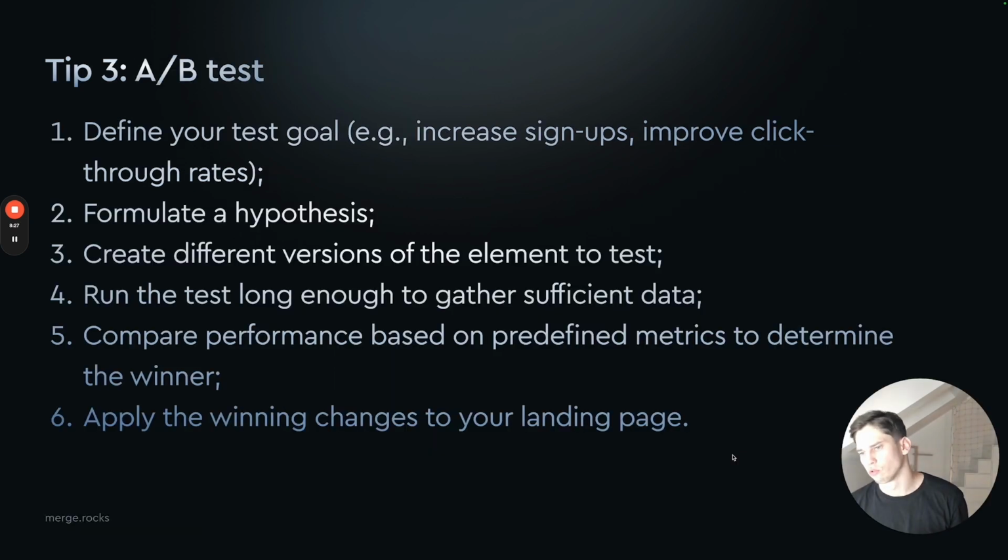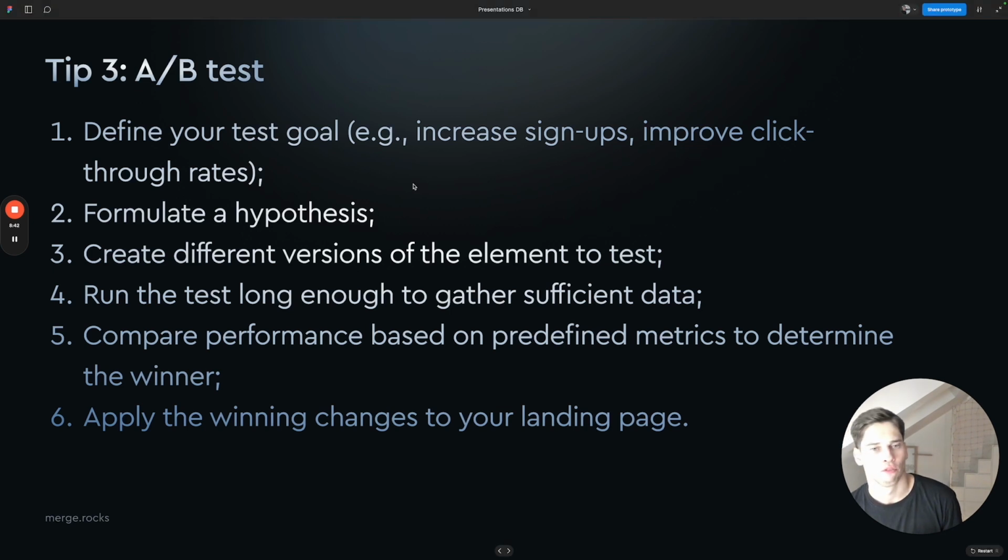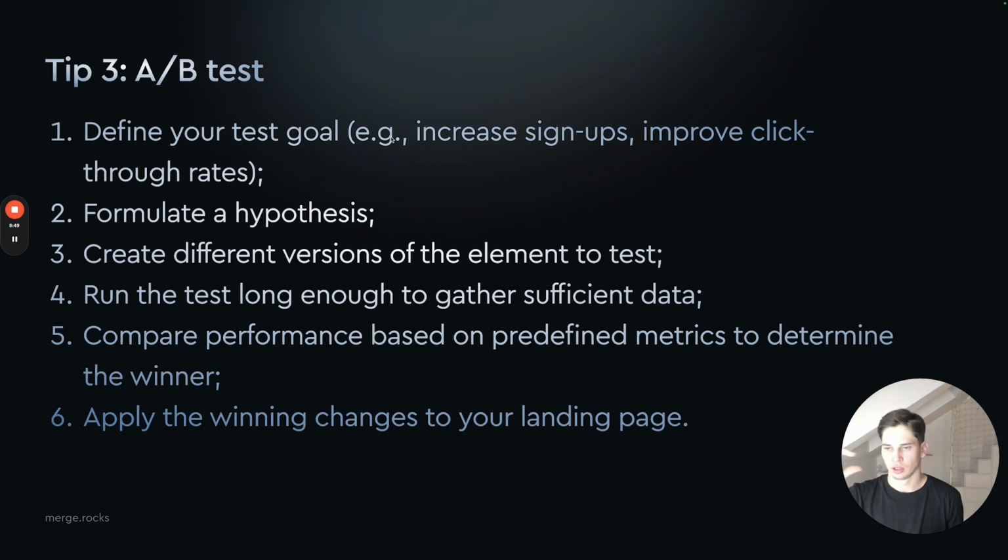The next one is running A/B tests. It is not a silver bullet, but this is something you should practice from time to time. This is just a quick game plan for you to run your first one on your own. You should define your test goal, for example ebook downloads, and formulate hypotheses, like creating different banners on your website to attract people to download your ebooks.